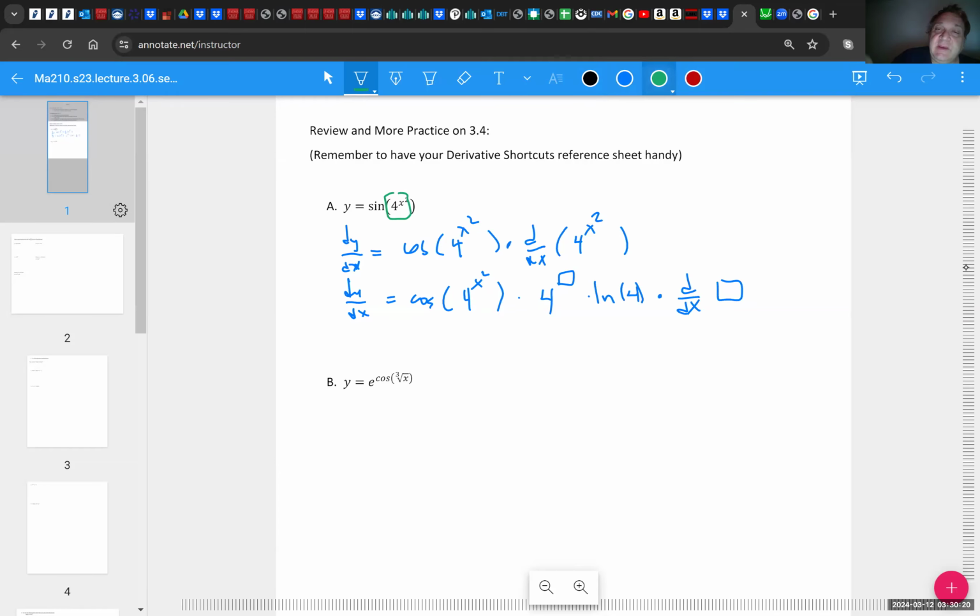In this case, the thing is what we've replaced x by. Normally, we'd be differentiating 4 to the x, but it's not 4 to the x, it's 4 to the x squared. So x squared is my stuff, my inside function. So that'd be 4 to the x squared times the derivative of x squared.